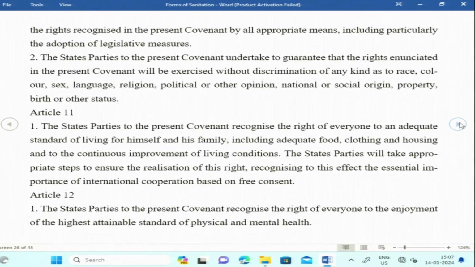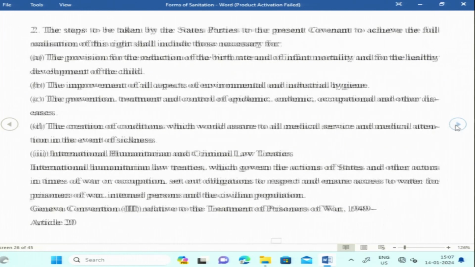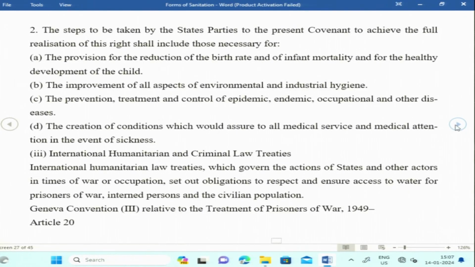And then I think Article 12 tries to speak about the right of everyone to the highest attainable standard of physical and mental health. And we try to see that these aspects, in terms of the specific convention, are going to be made more fruitful.